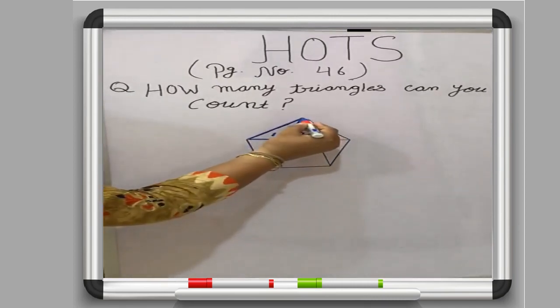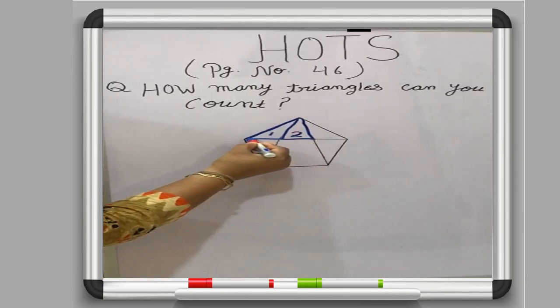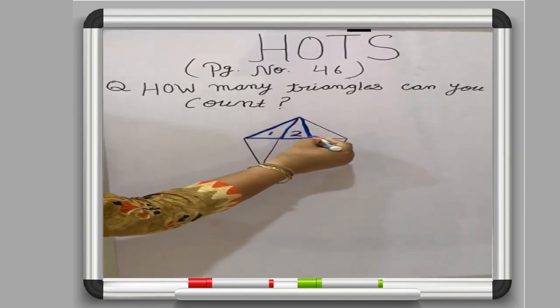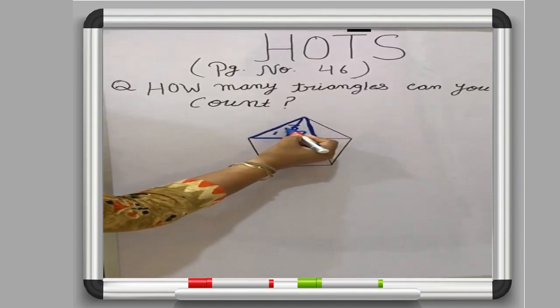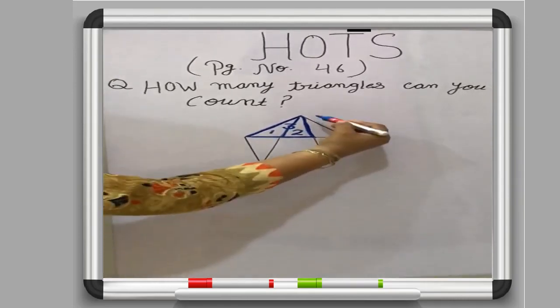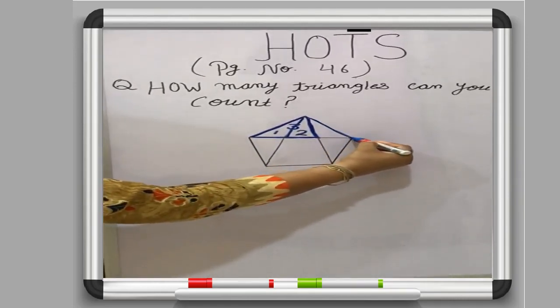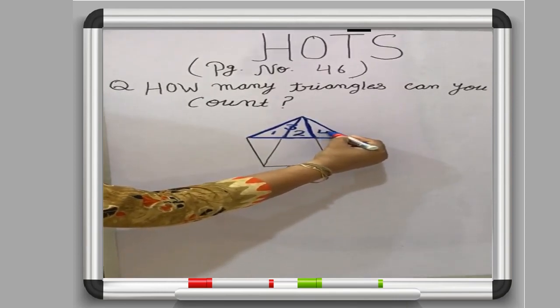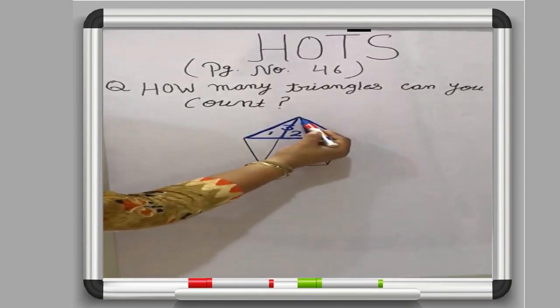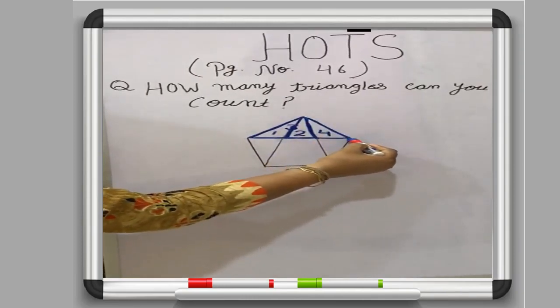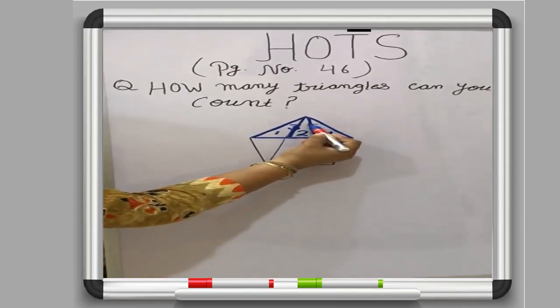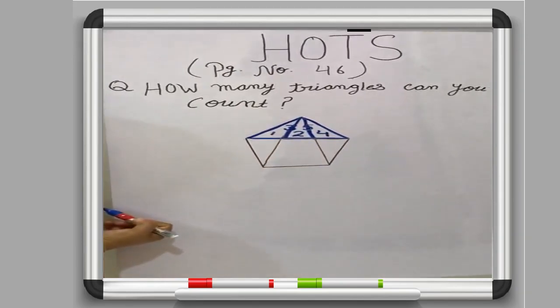After that beta, if we count these 3 lines, then this third triangle is formed. After that, this fourth triangle is formed, and when we count these three lines, this and this, then the fifth triangle is formed.